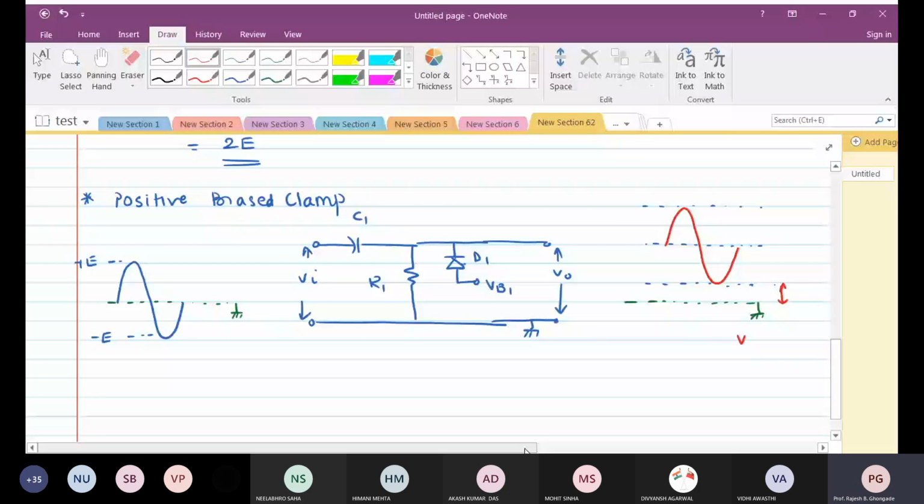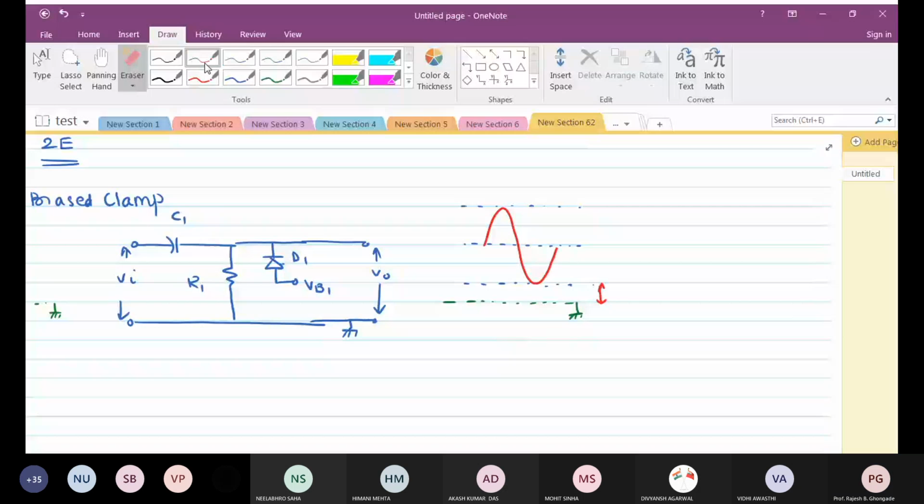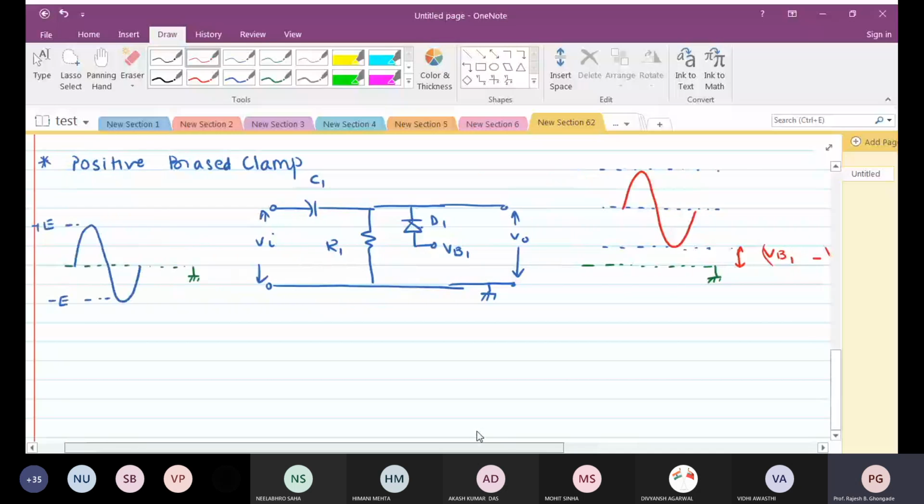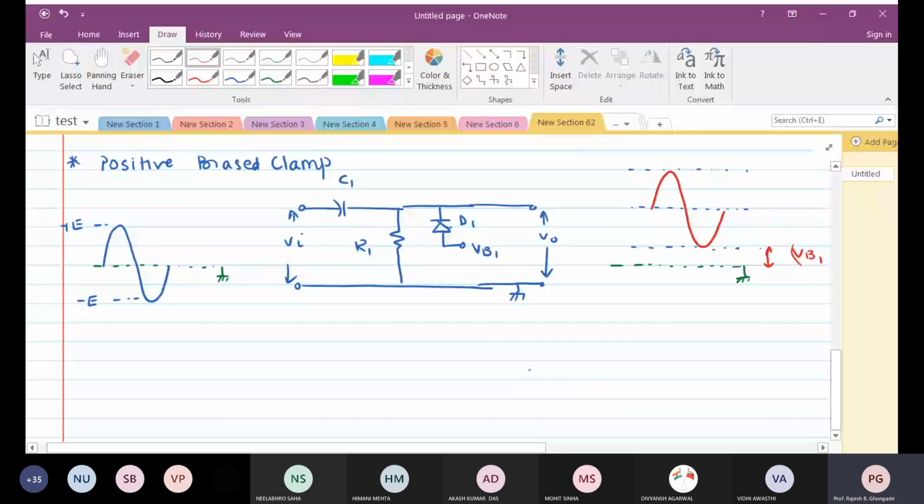Is that the only thing? VB1 minus VF. Remember VF. So you have a positive shifting mechanism, or the signal DC content is shifted by this much amount. Let us just have a look at its operation.